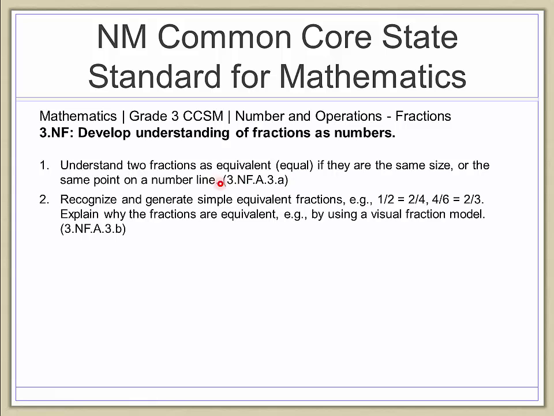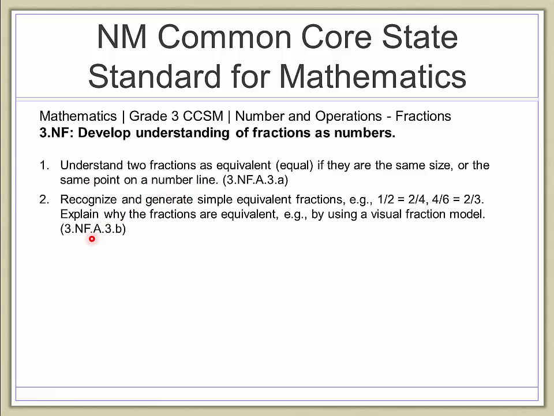We're going to be looking at 3.NF.A.3a, which is where students will understand two fractions to be equivalent if they're the same size, or they end up at the same point on a number line.